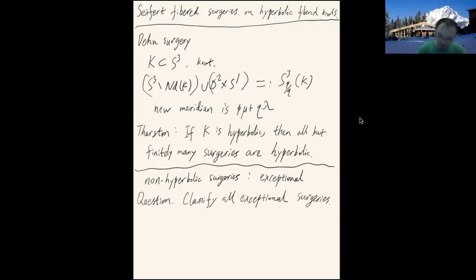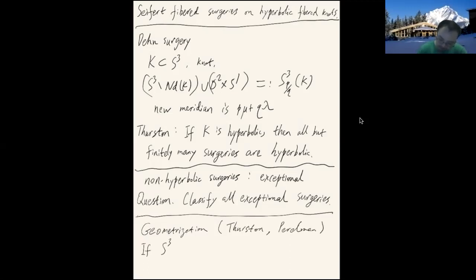By the geometrization theorem, due to Seifert and Perelman, if the P over Q surgery on K is non-hyperbolic, then there are three cases. Let's see what the three cases are.